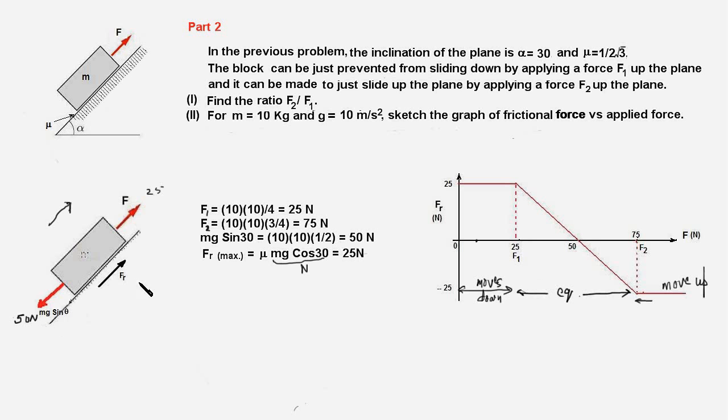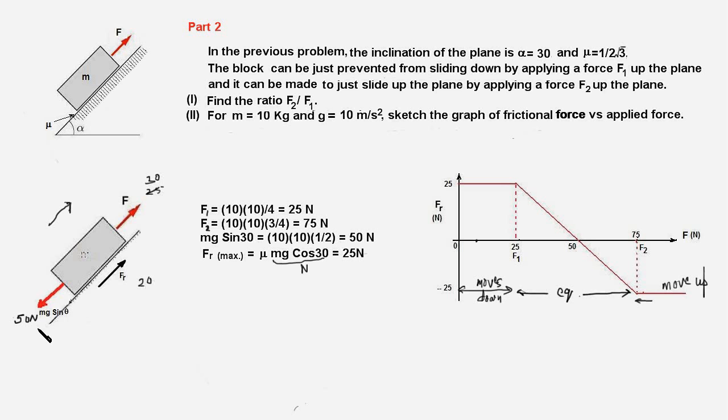Since both are equal, the force pulling it down and the force pulling it up are equal in magnitude, and therefore the block will be in equilibrium. But now suppose the applied force increases to 30 newtons. Now the frictional force would reduce its value from 25 to 20 newtons, so that this plus this put together is still 50 newtons and matches the magnitude of the force pulling it down.